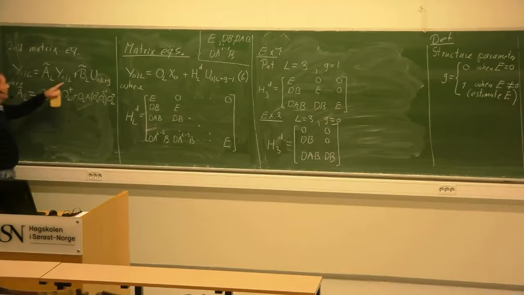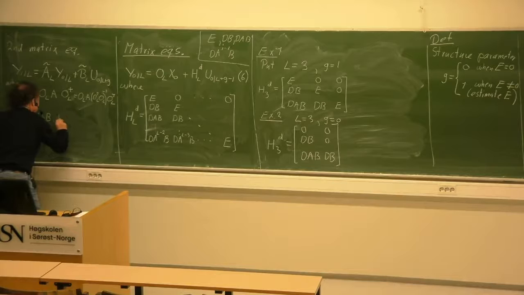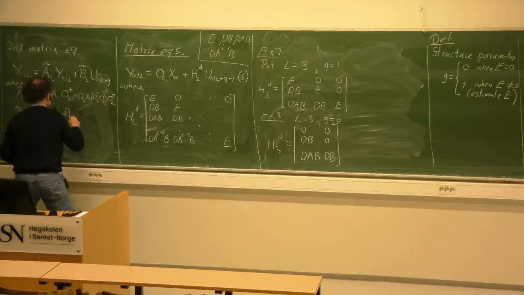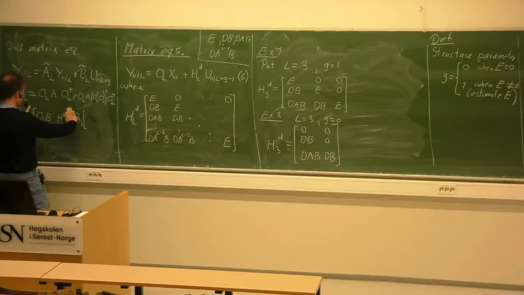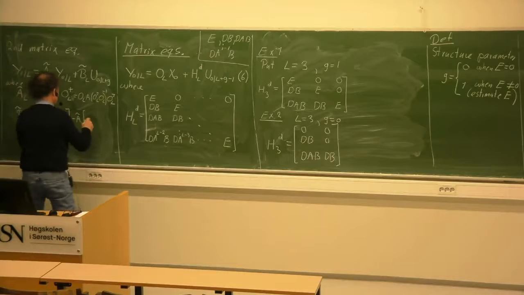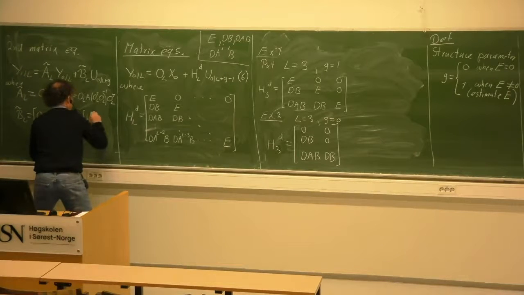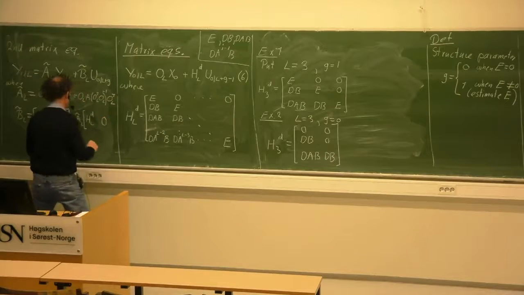This is AL tilde, but what about this BL tilde? This BL tilde is a matrix like this: OL times B here, and this HLD matrix, minus a matrix with AL tilde times a matrix of the same size as this one, but HLD here and a matrix with zeros here.